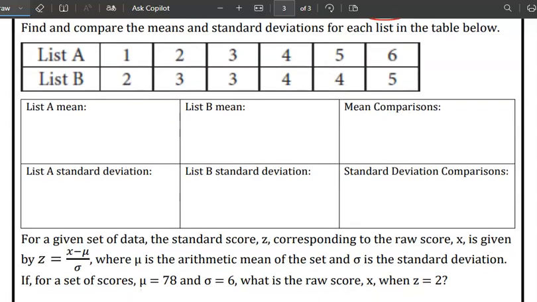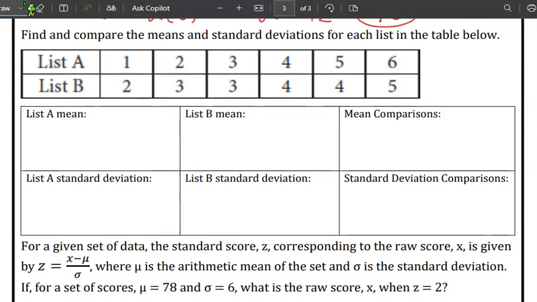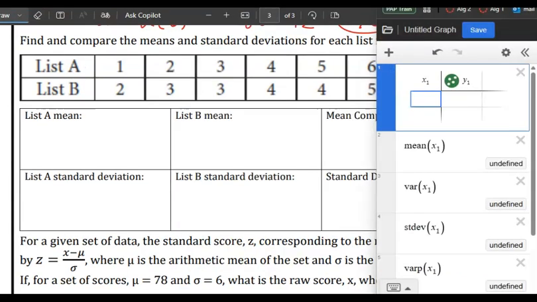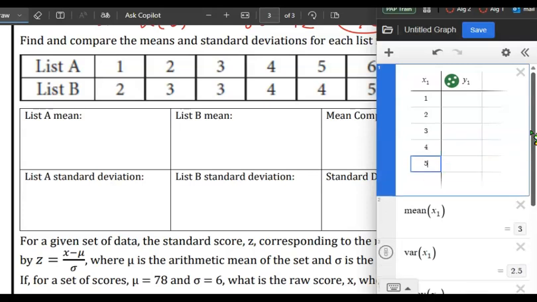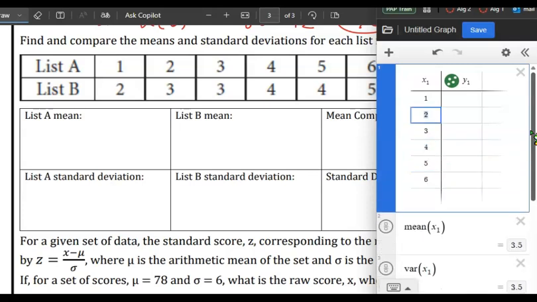Find and compare the means and standard deviations for each list in the table below. Alright, so we can go ahead and plug these into Desmos. Let's write list A in the first column. And let's write list B in the second column.